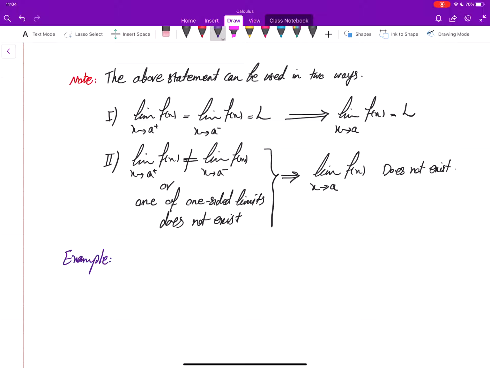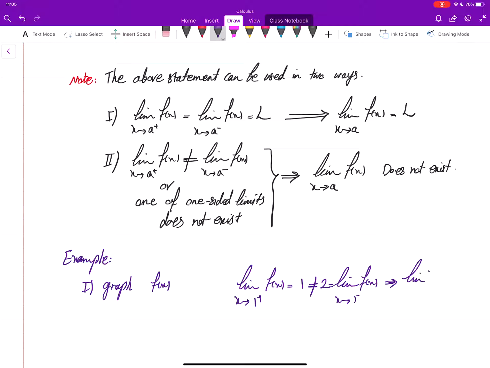First one was the graph. So the first one, the graph function, what was f of x. We found that the limit of f of x as x approaches 1 from the right is equal to 1, but from the left it was equal to 2. 1 and 2 are not equal, so that means that the limit of f of x as x goes to 1 does not exist.